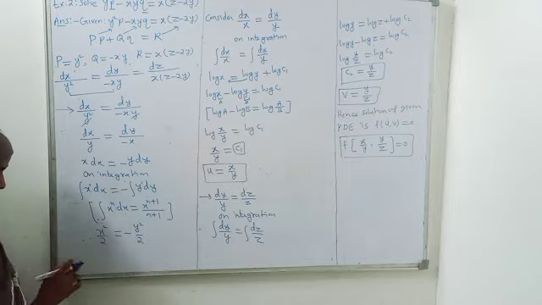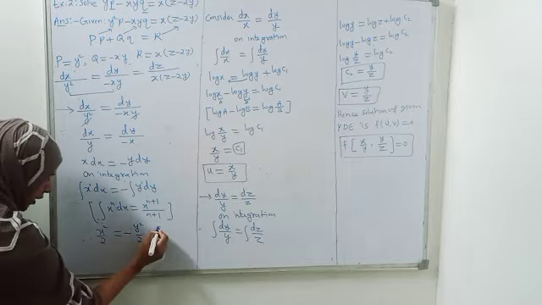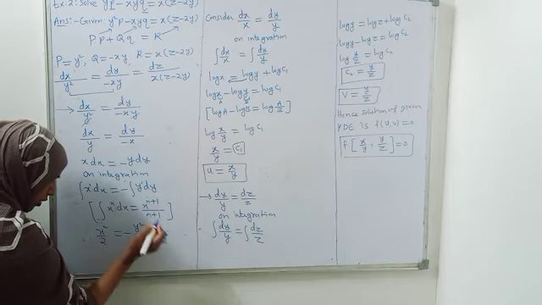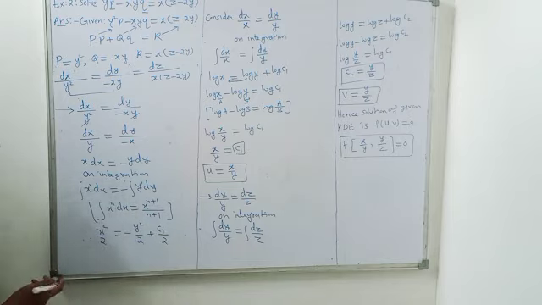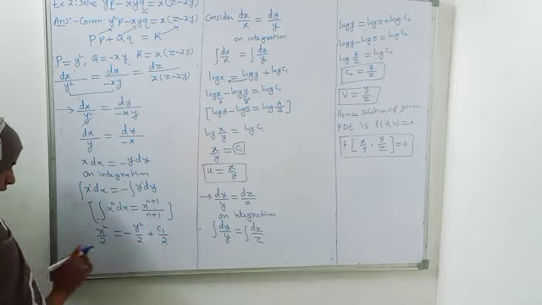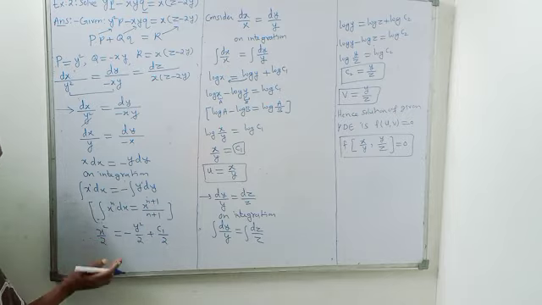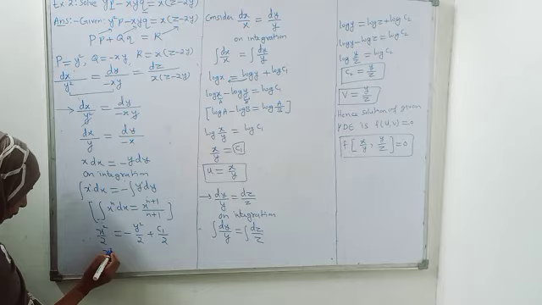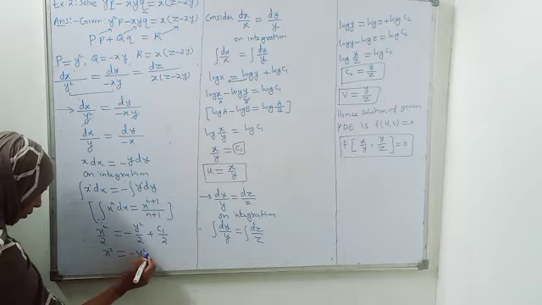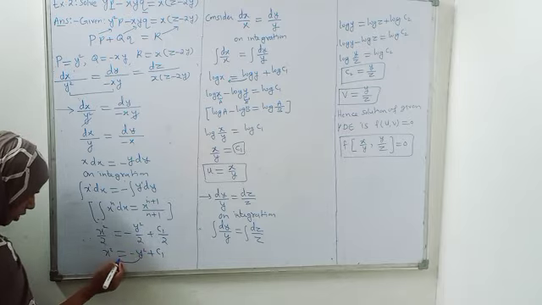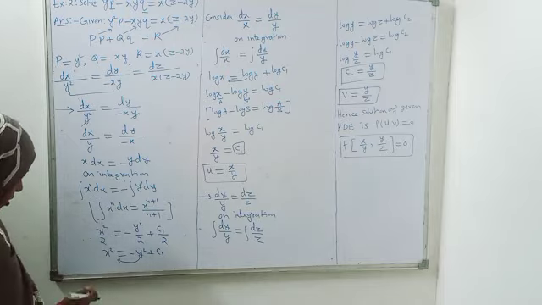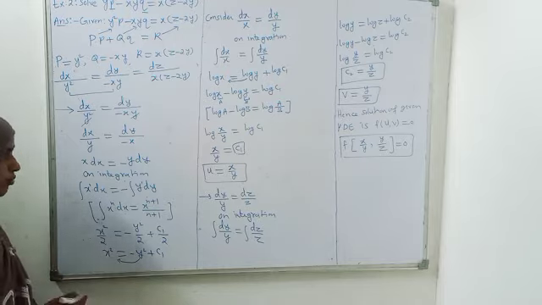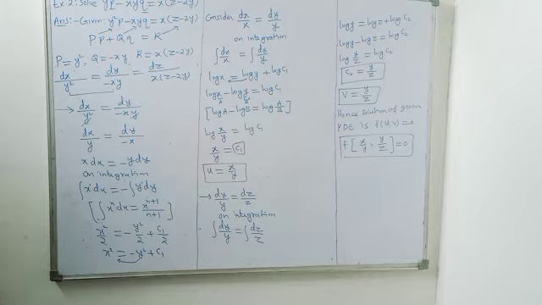Both terms have denominator 2, so we add the integration constant c1 by 2. Now to cancel out 2, multiply the whole equation by 2. So x square is equal to minus y square plus c1. Take y square to the left side, it becomes positive. So x square plus y square is equal to c1.